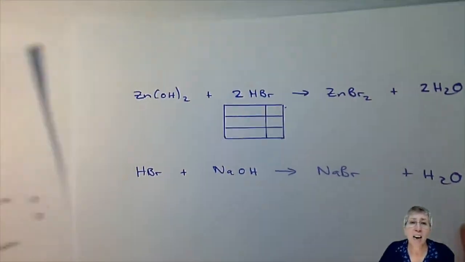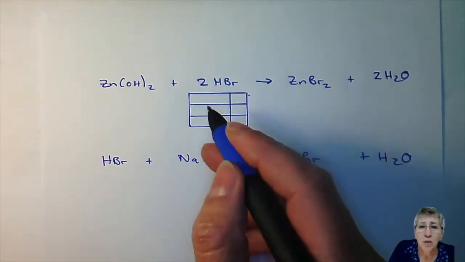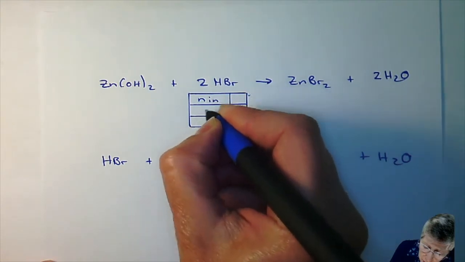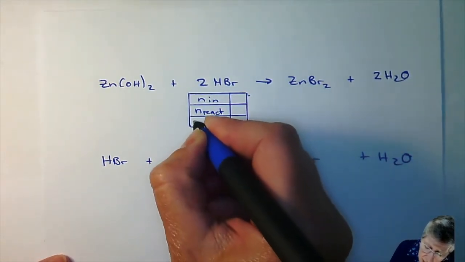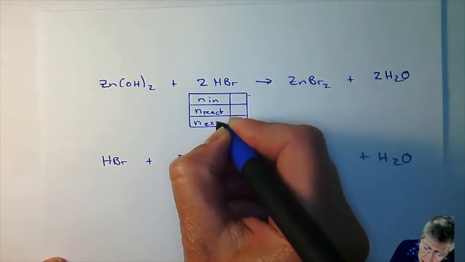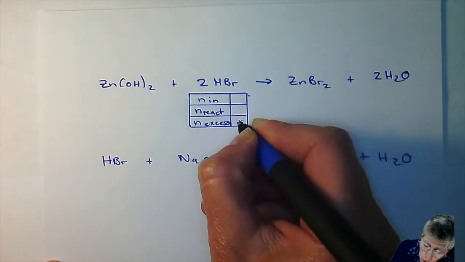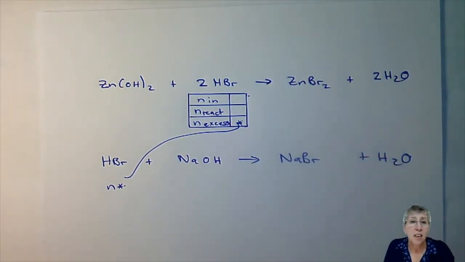So immediately I'm going to say, okay, for the HBr, I'm going to have a table to show me how many moles I put in, how many moles reacted, and how many moles there were in excess. And remember, that excess moles will be the ones reacting in the next equation.